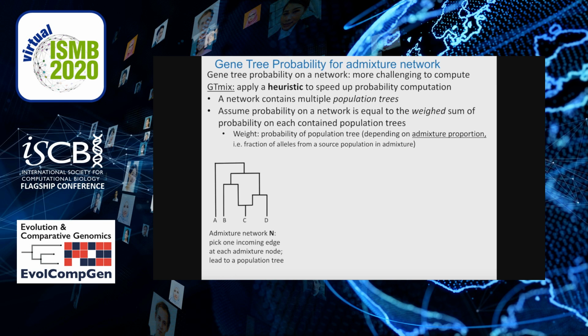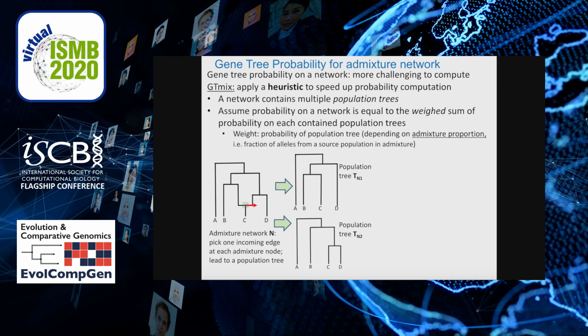So let's look at this example here. If we consider where admixture occurred, we can get one population tree by taking this branch of the history, which we call TN1, and we can also get another one we call TN2 by taking the other direction. So we get two population trees from this network.